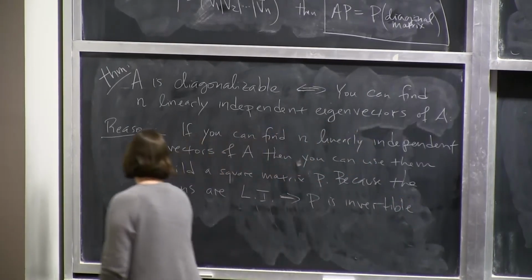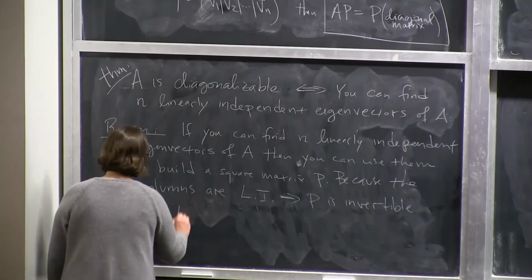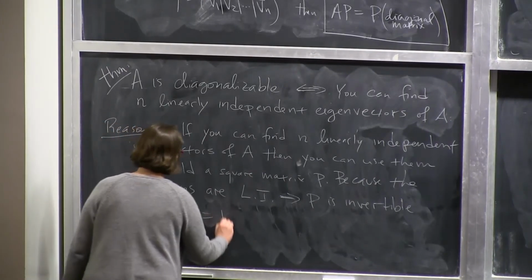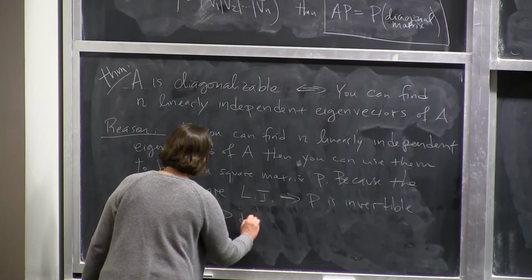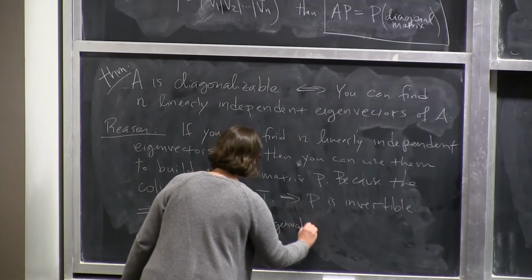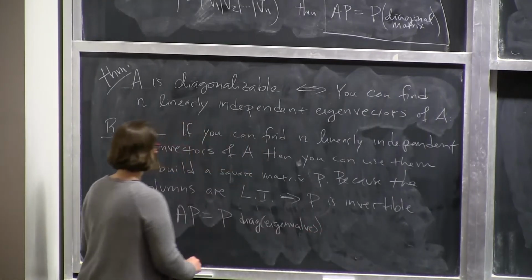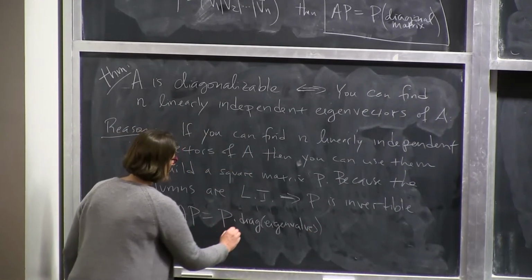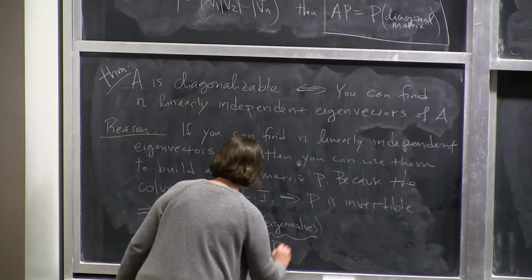And that tells us that AP equals P times the diagonal matrix made out of eigenvalues. So this is a diagonal matrix made out of eigenvalues.